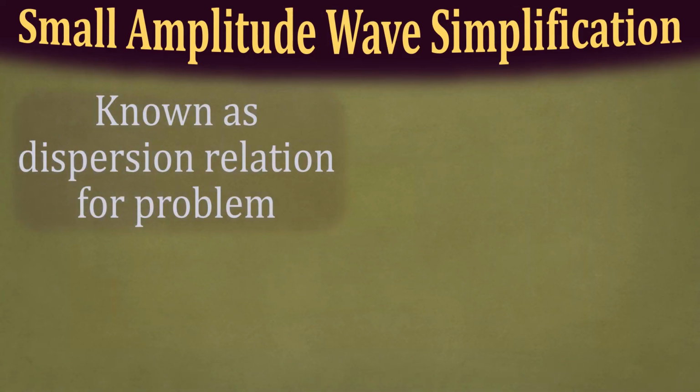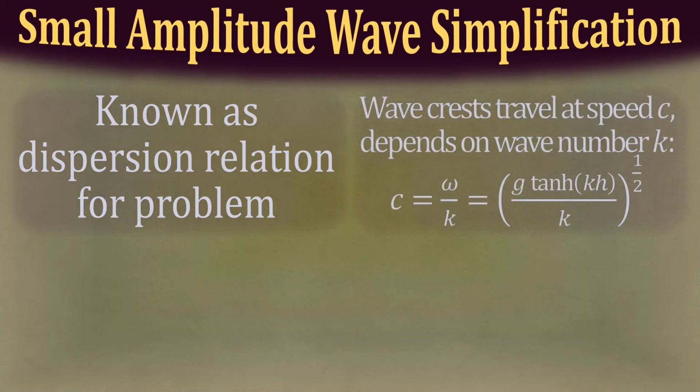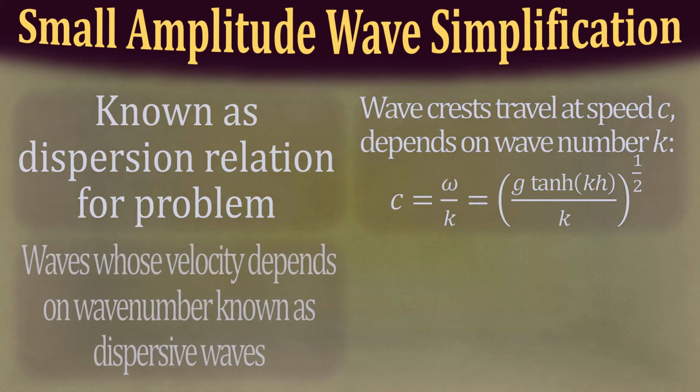Note that the wave crests travel at speed c that depends on the wave number k. c is equal to omega over k, which is equal to the square root of g tanh kh over k. Waves whose velocity depends on the wave number are known as dispersive waves. Now, let's define phase velocity and group velocity.